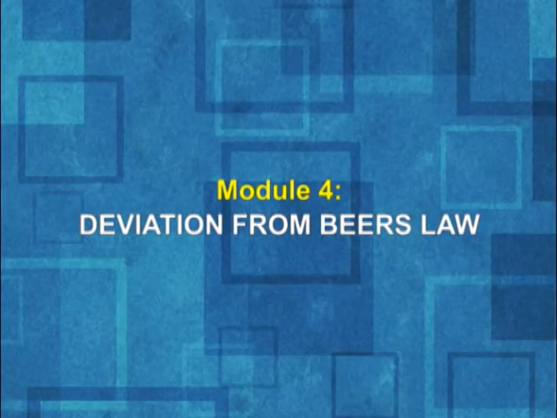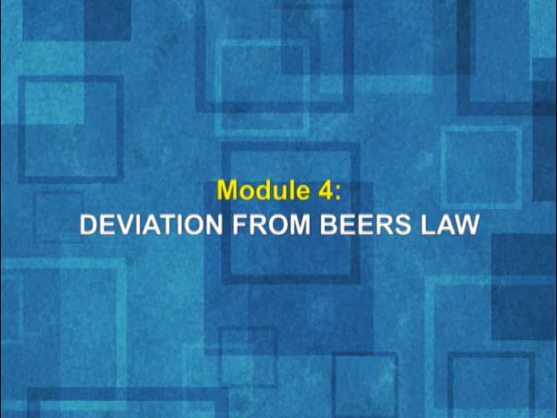Now we come to our next module, deviation from Beer's law. The limitations to Beer's law are deviations from the direct proportionality between the measured absorbance and concentration when path length is constant.